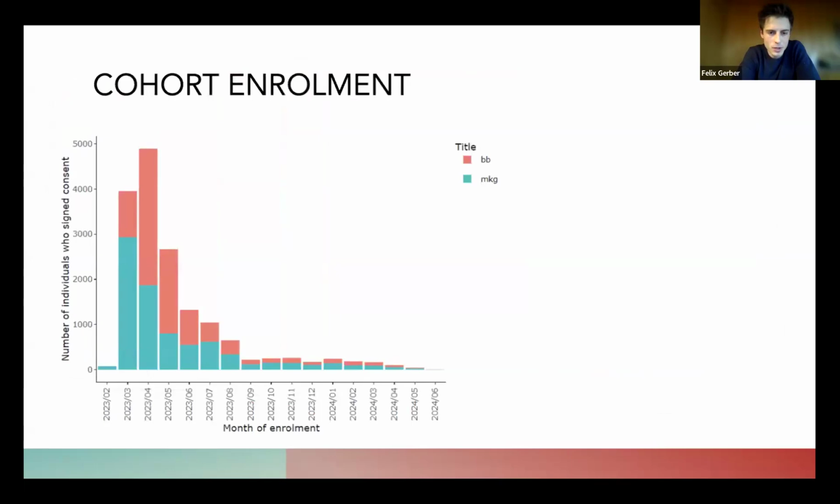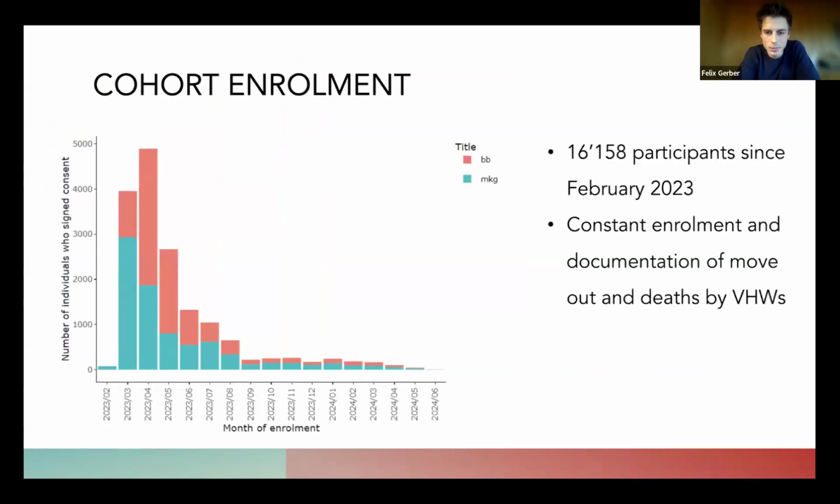Here is an overview of our cohort enrollment so that you have an impression. Currently we have about 15,000 participants in the cohort. Over time it was about 16,000, and then we had a lot of people moving in and moving out.